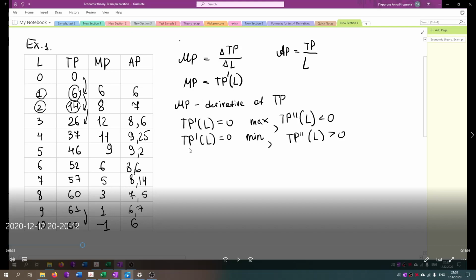And in the second case, when the derivative of the total product is equal to 0 and the second derivative of total product is more than 0, then it means that the total product is minimal.